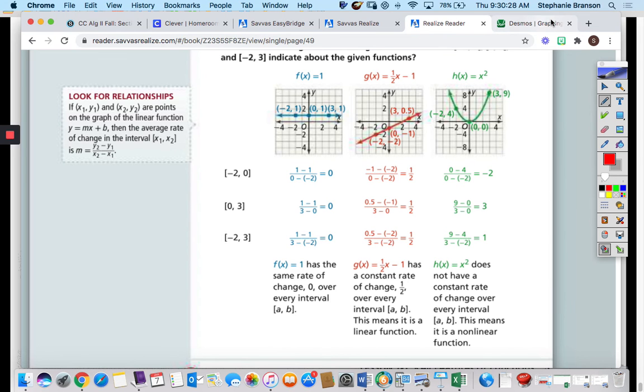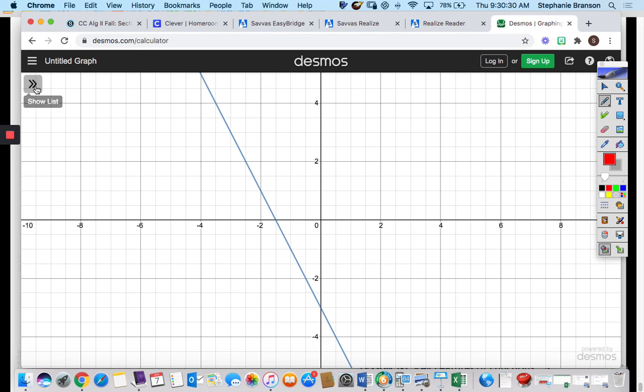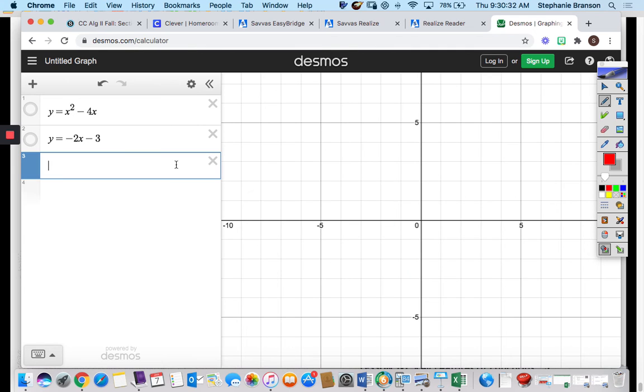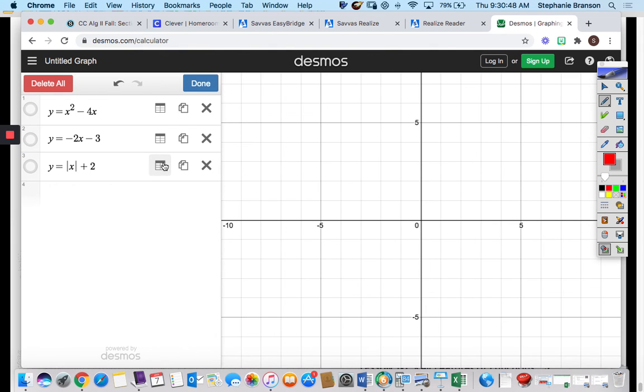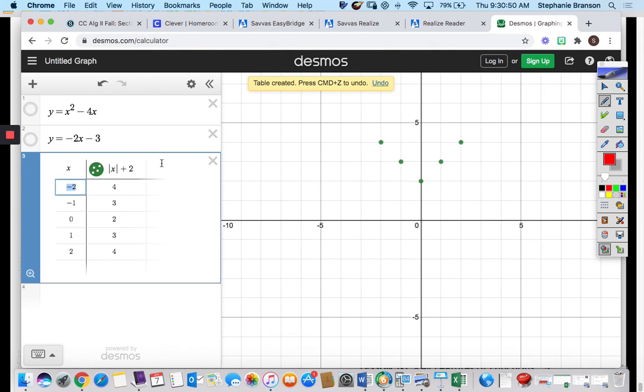So what I need to do is put in this equation. And we can obviously see here that it is not linear. You could probably have told me that by looking at the equation itself. But what I'm going to do now is just use our information from our table to figure out if it's linear or not.